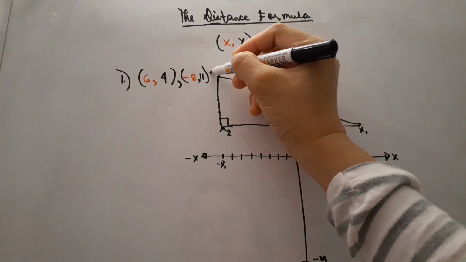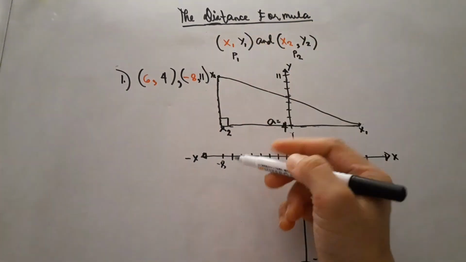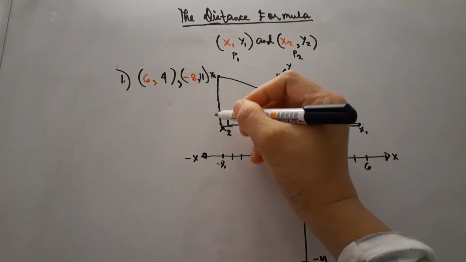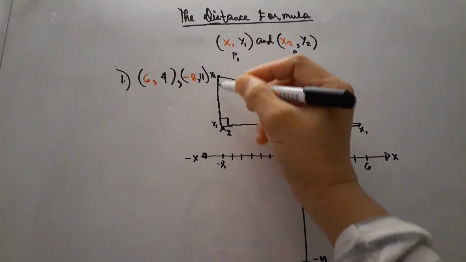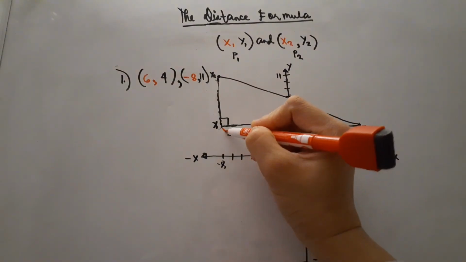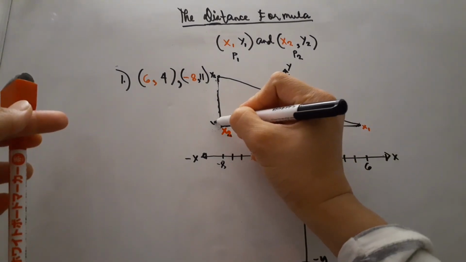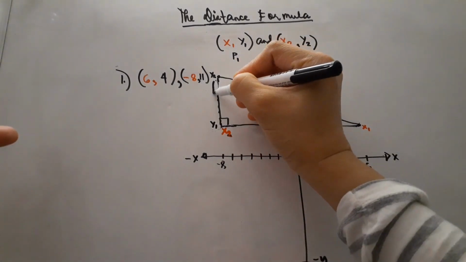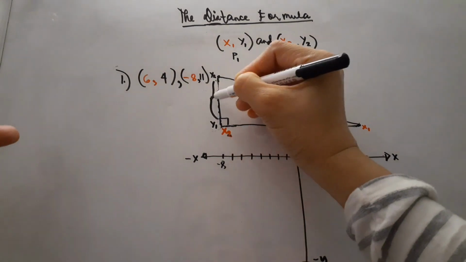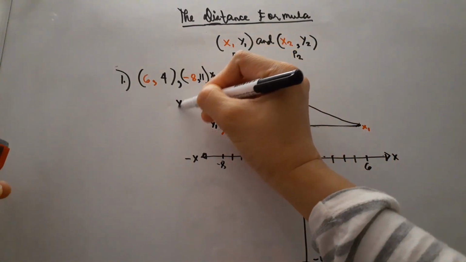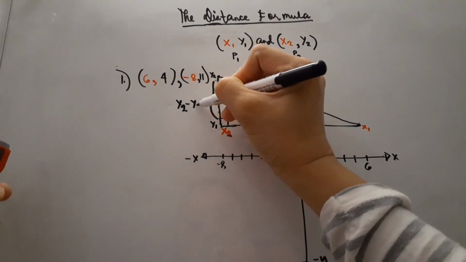And this one is Y. Remember, the vertical line is the y-axis. So this one is y sub 2 minus y sub 1.